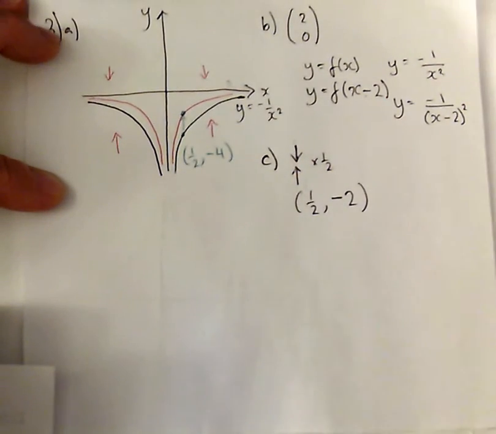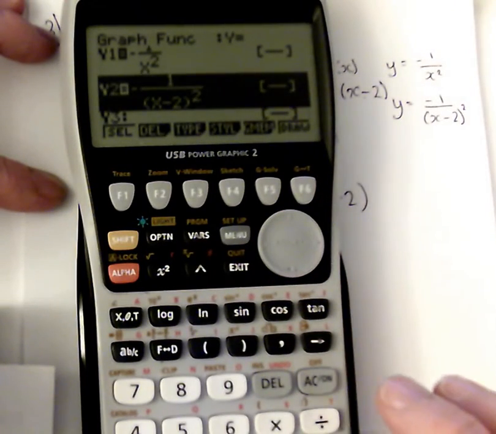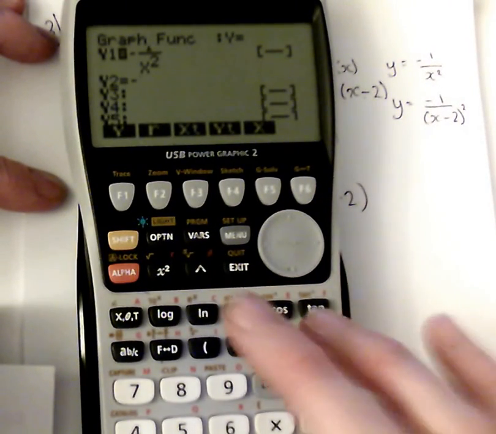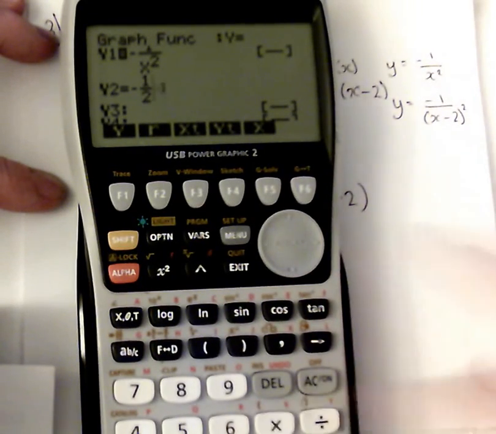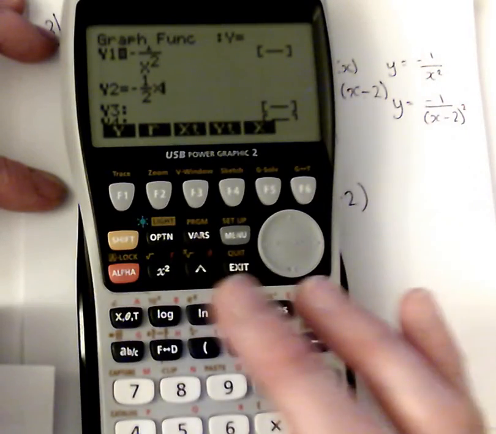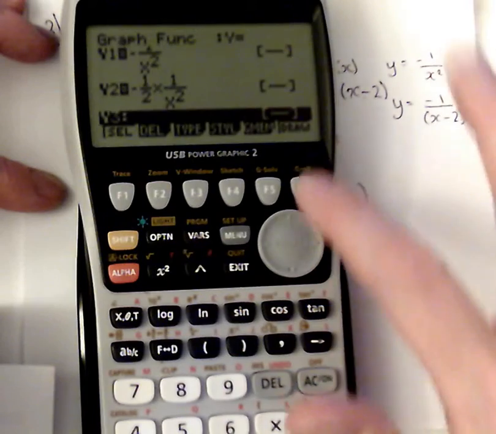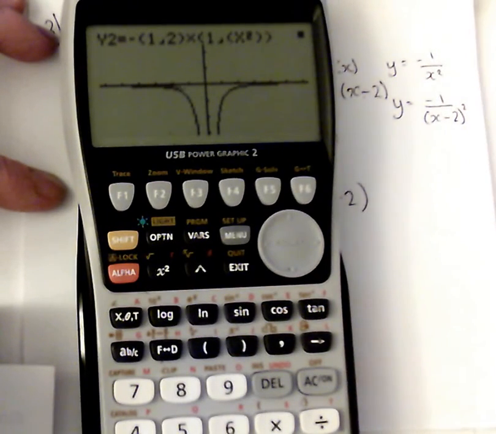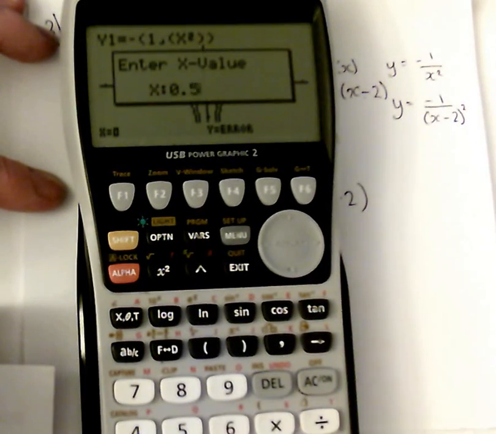We can check it on the calculator, so I'm going to write in my function, so negative, and it will be 1/2 multiplied by my function, 1/x². So if I now draw that, my second one is a little bit squashed up there. I'm going to use trace, and I'm going to type in the x coordinate as 0.5.